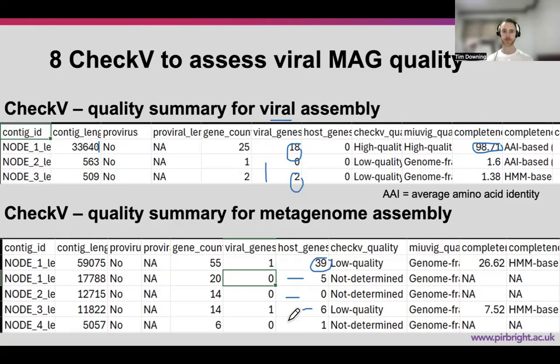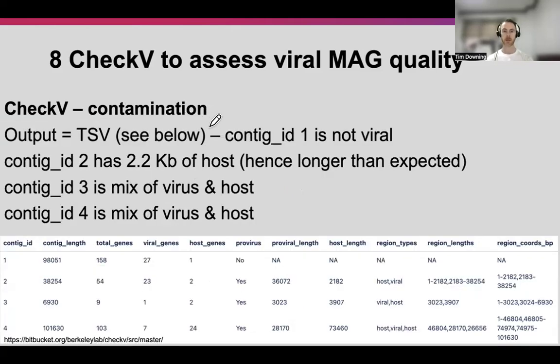So those are quite different results. If we look at the contamination, we'll see in this example, contig 2 has a mix of host and virus, which you can see there. And you can also see contig 4 is also mixed host and virus, which we can get as well.